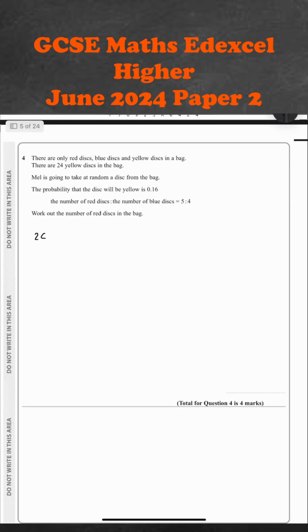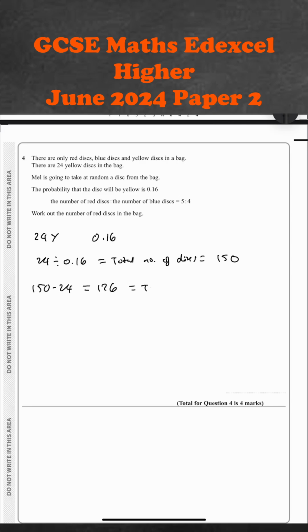So we have 24 yellow at a probability of 0.16. So if we do 24 divided by 0.16, this gives us the total number of discs. I'll do that on my calculator. 24 divided by 0.16 gives us 150. That's all the discs in the bag. So then we can take away 24 to give us the total number of blue plus red discs.